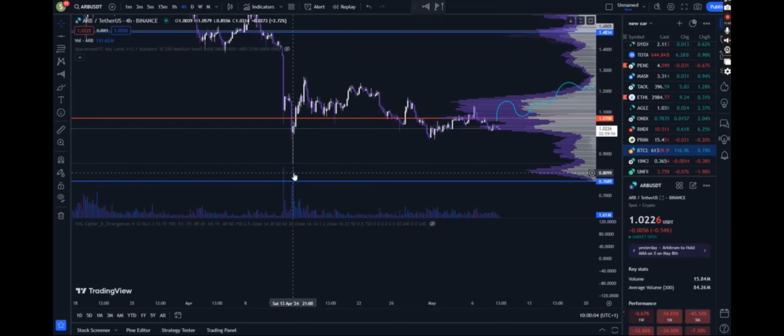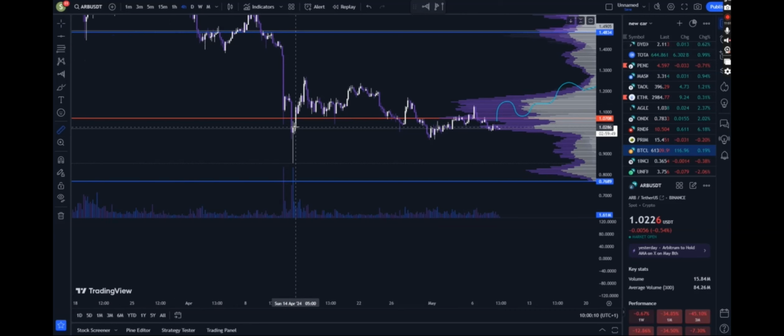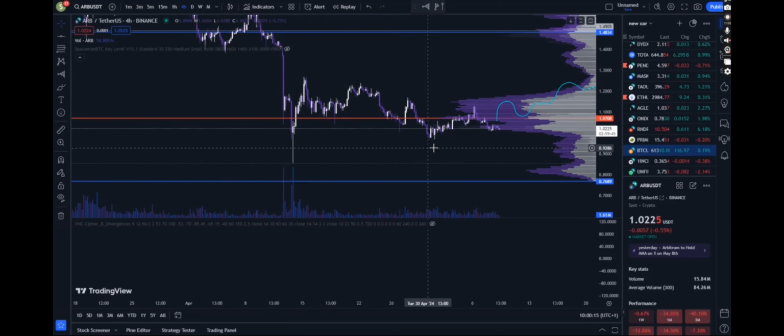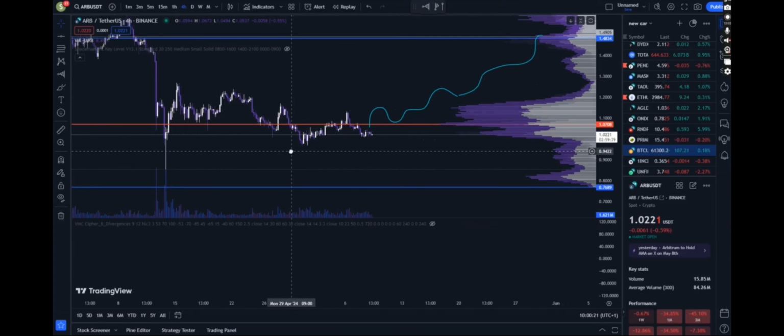A bit similar to this area here. You had a lot of bullish momentum coming in here. And you got a lovely 23% move. Even if you took the trade from there, that's a 23% move.